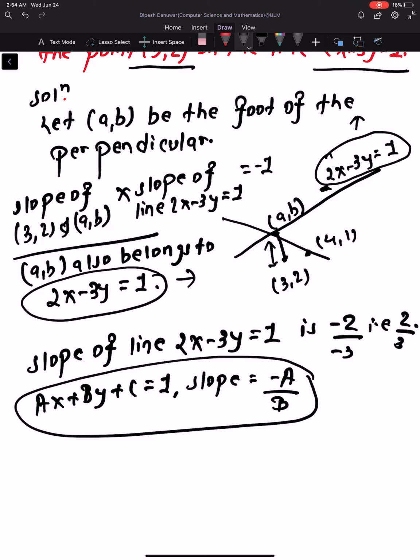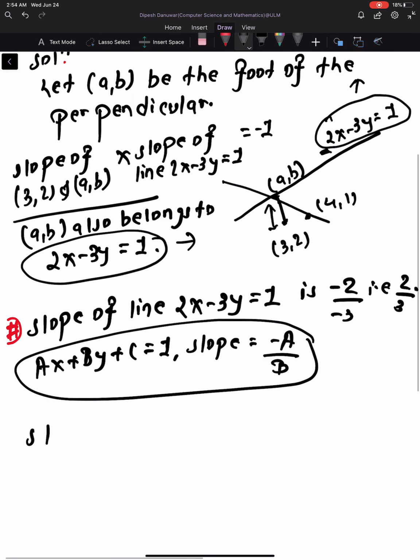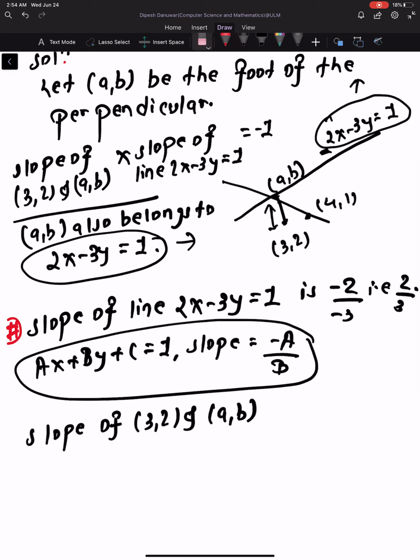So here you get the slope. Now you have to find the slope of (3, 2) and (a, b), which is b minus 2 by a minus 3, right?